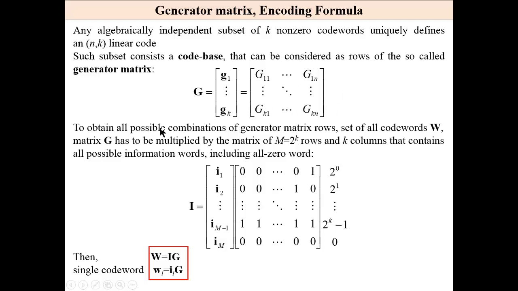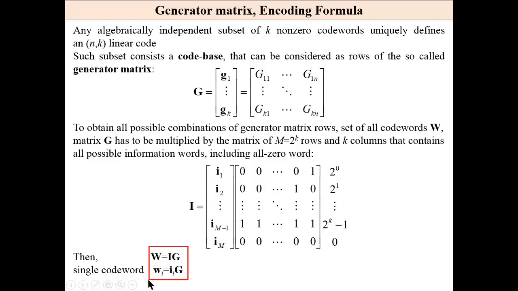To obtain all possible combinations of generator matrix rows, to obtain all code words, matrix G has to be multiplied by the matrix of M equal 2 to the power K rows and K columns that contains all possible information words, including the all-zero word.